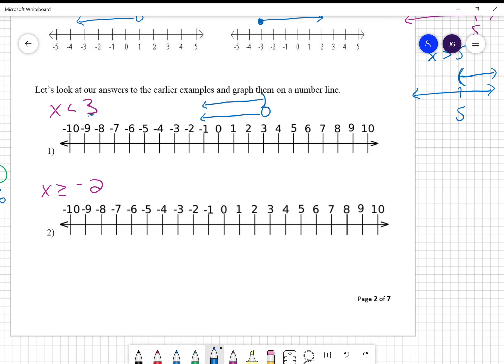In number 2, X is greater than or equal to negative 2. I find negative 2. Since it has the equal to sign, this would be a closed circle. And greater than means to the right. Or I would use a bracket to the right.